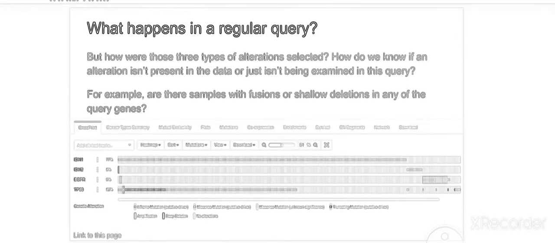But how were those three types of alterations selected? How do we know if an alteration isn't present in the data or just isn't being examined in this query? For example, are there samples with fusions or shallow deletions in any of the query genes?